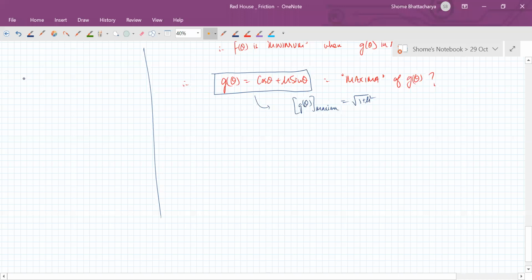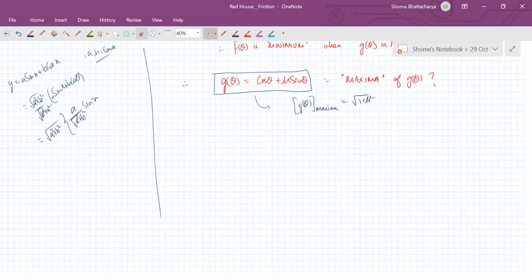If we have a function y equal to a sin x plus b cos x, where a and b are constants, it can be written as: multiply and divide by square root of a square plus b square. So it is square root of a square plus b square, a upon square root of a square plus b square sin x plus and so on.